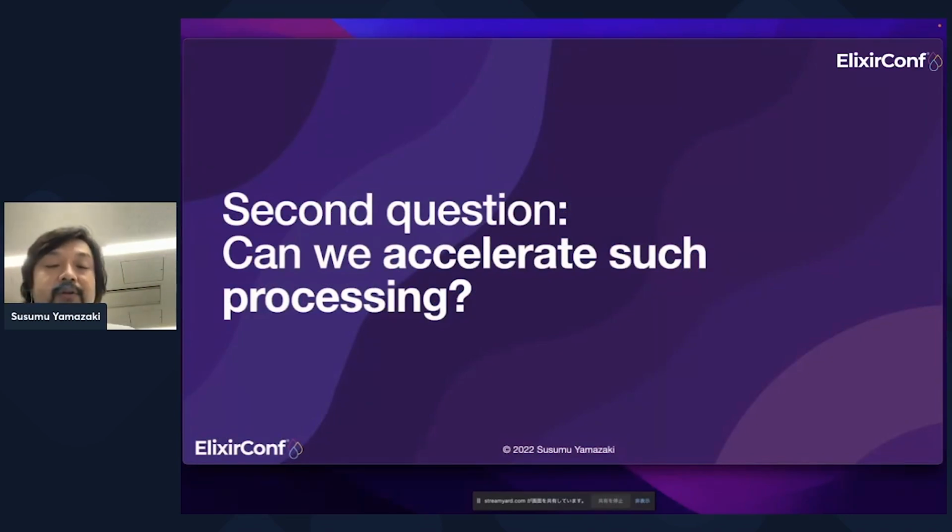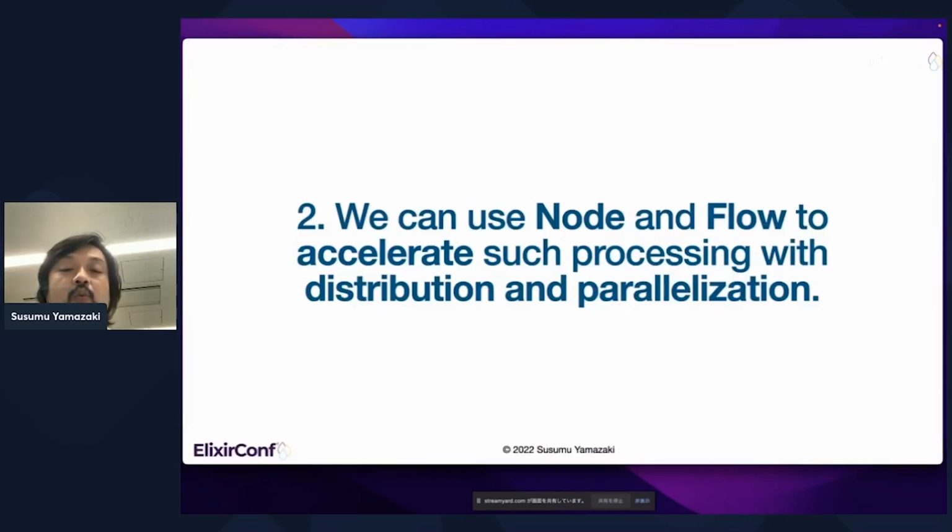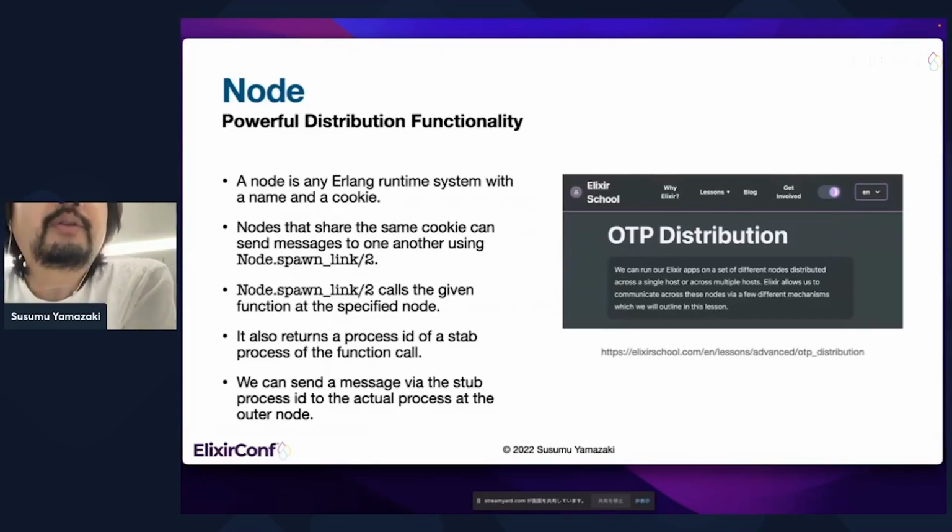The second question, can we accelerate such processing? We can use Node and Flow to accelerate such processing with distribution and parallelization. Node is a powerful distribution functionality. A node is any Erlang runtime system with a name and a cookie.